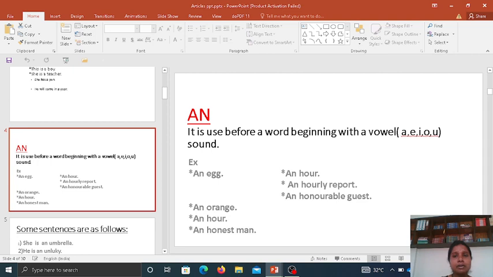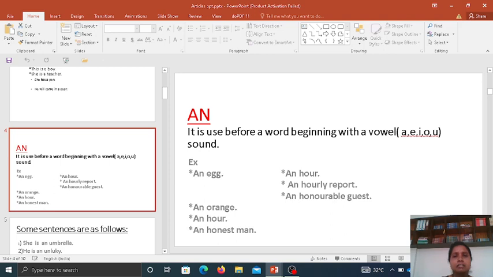Firstly, you have to find out whether the first letter of the given word makes the sound A, E, I, O, U. This an totally depends on the vowel sounds which we pronounce orally.